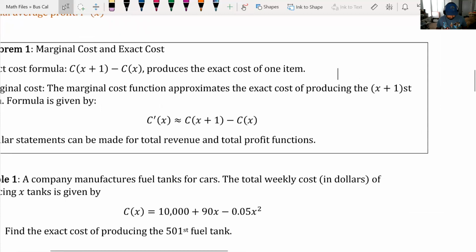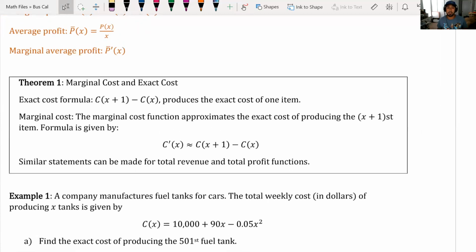And then marginal cost says that the marginal cost approximates the exact cost of producing the X plus first item.